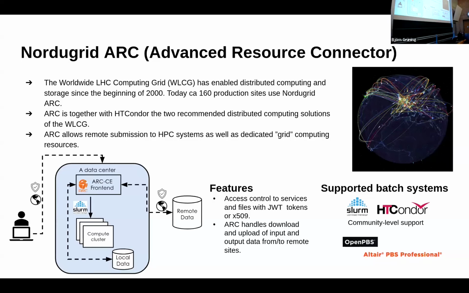That means it's like your entry point. Below Arc, you have other systems working like Slurm, but it's not only that, because it also adds some extra features on top of being a middleware for the underlying batch system that you have.